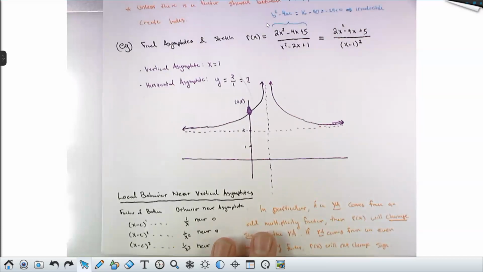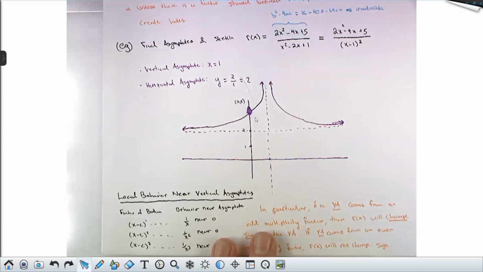So x-intercepts, and I'll write all this out for you in a second, come from places where the top is 0, factors of the top. Since this top is never 0, not for any real numbers, I know that being positive here forces me to be positive here, not negative, because otherwise I would have to cross over the x-axis, but I can't because I have no x-intercepts.